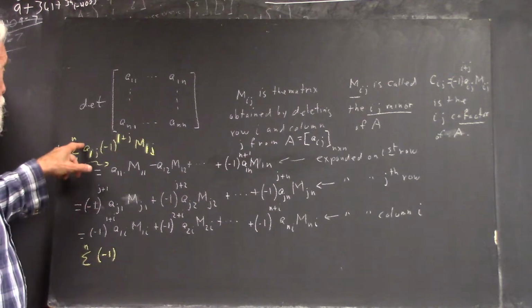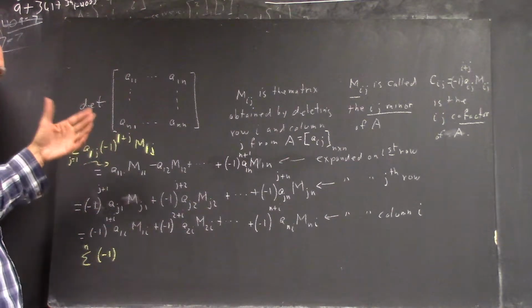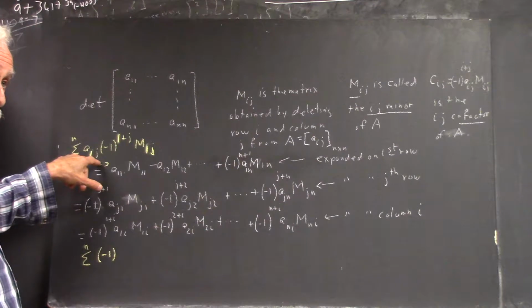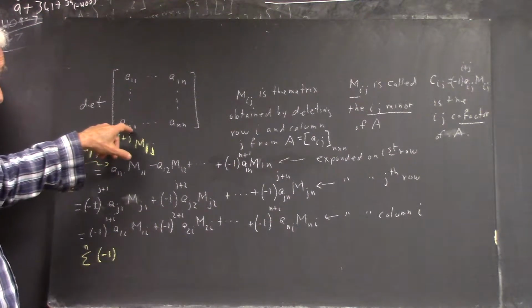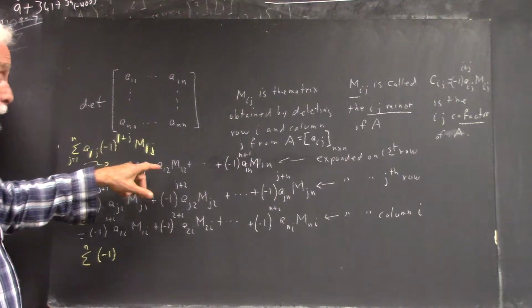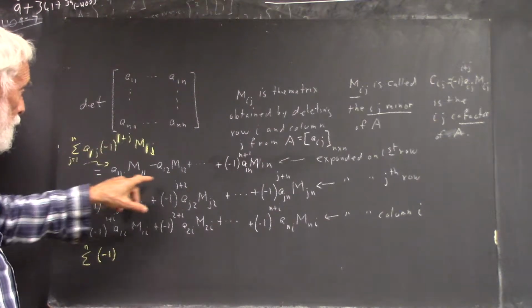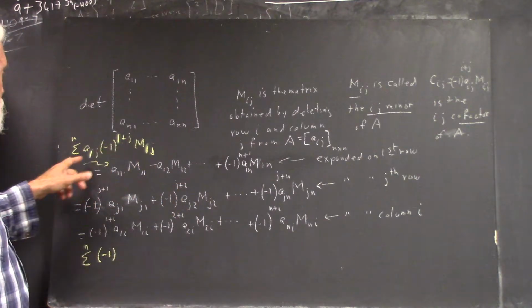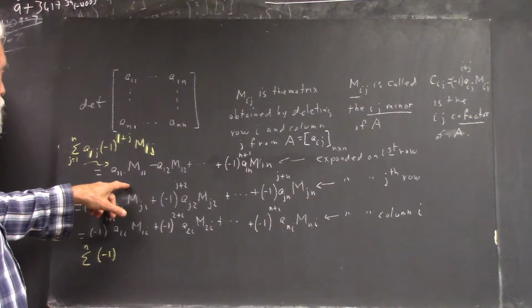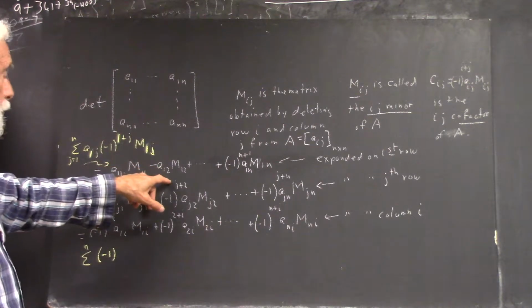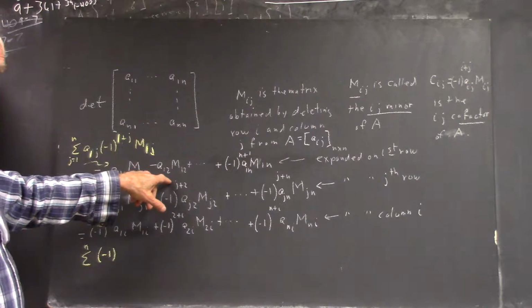Okay, so I wrote AIJ carelessly, but it's A1J times negative 1 to the 1 plus J times M1J. And you see that that'll match up and give you, if you let J equal 1, it'll give you this. If you let J equal 2, it's going to give you this, and so forth. Okay?